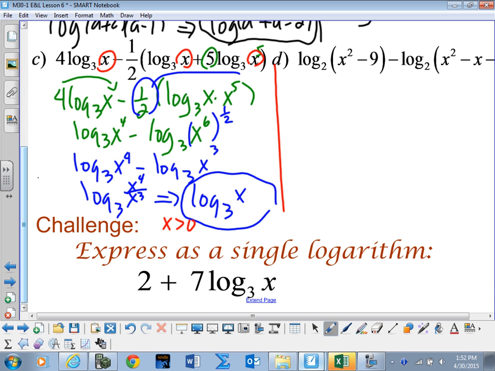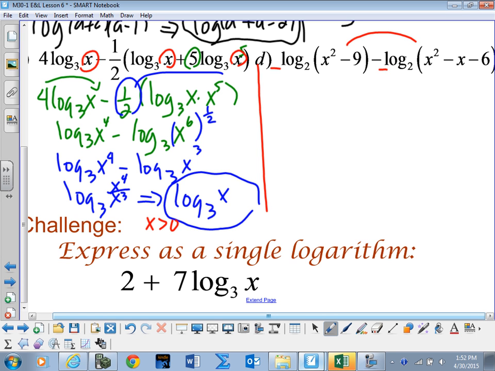I don't have any coefficients in front. So we can go ahead and combine these into a single log using division because we have subtraction between the logs. So I'm going to write this as log base 2. Now this time we definitely have restrictions.